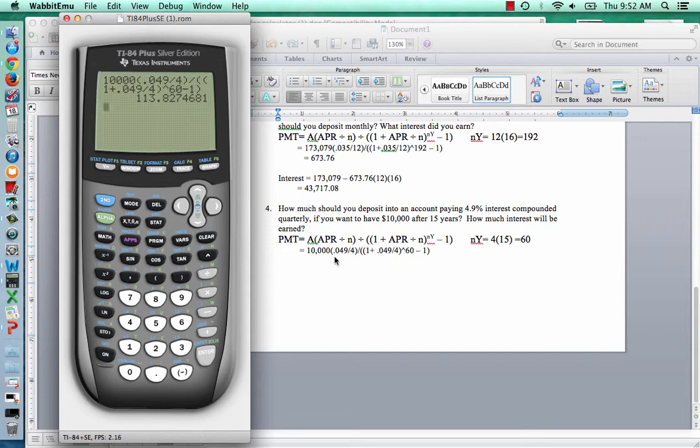And this says that we need to invest $113, and if you round it to the nearest cent, that's 83 cents.